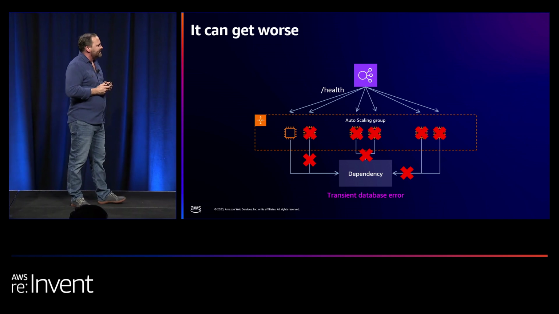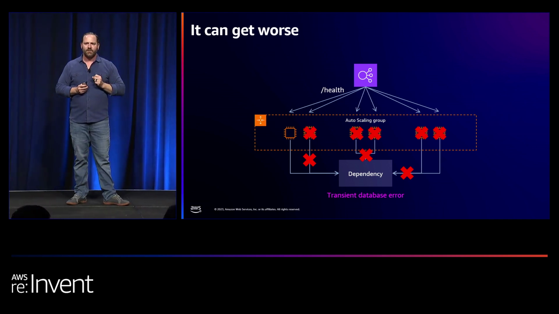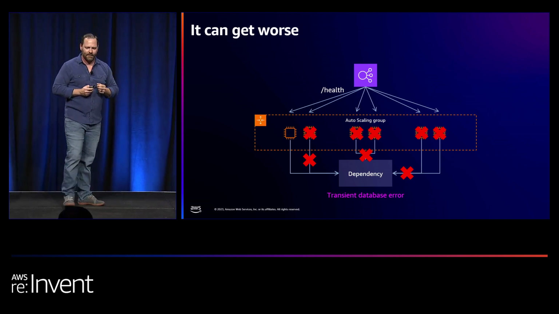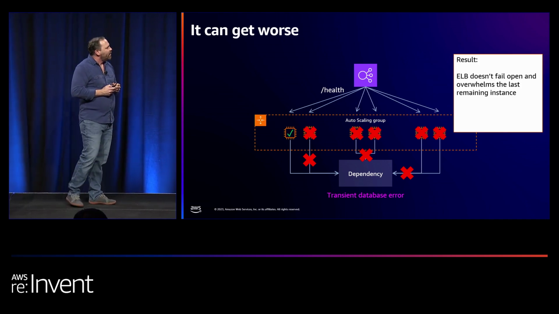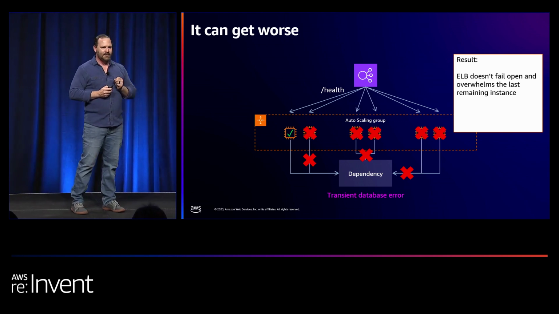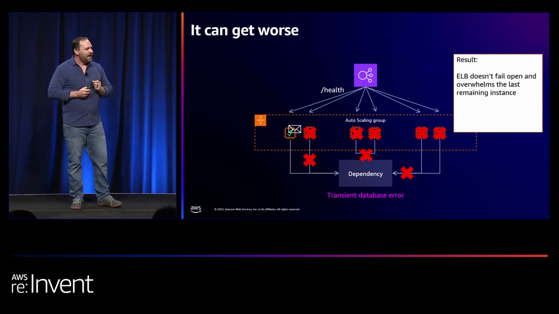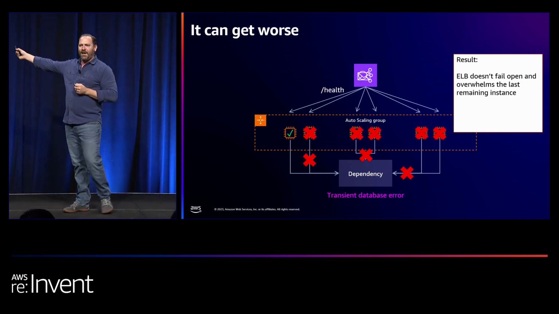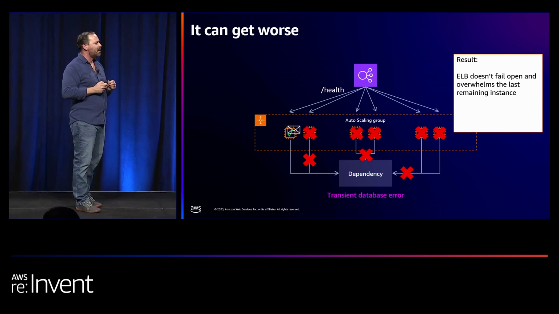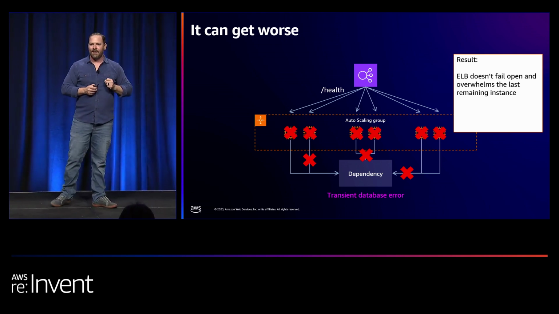We could have the case that we have this transient database error, but actually all of our instances aren't impacted. Let's say we have one remaining instance that actually is just totally fine. Well, the ELB is not going to fail open, right? If it has at least one healthy instance, it's only going to send traffic to that one healthy instance. And so what happens here is we end up overwhelming that single host because it gets all of the traffic while all these other things are being replaced, which is going to end up overwhelming it and bringing it down.